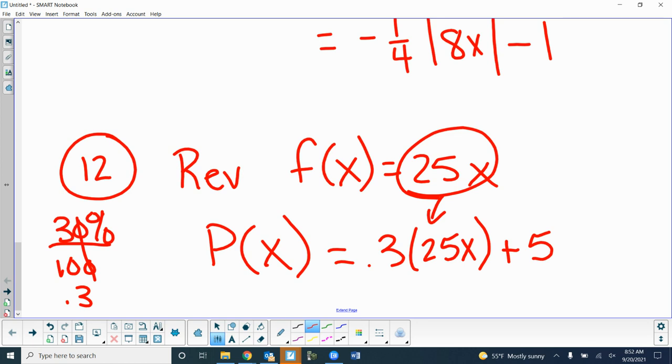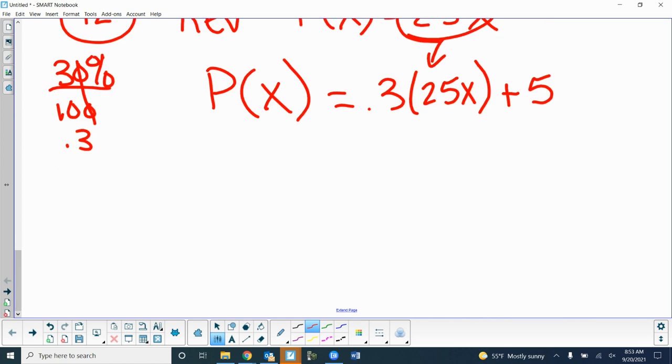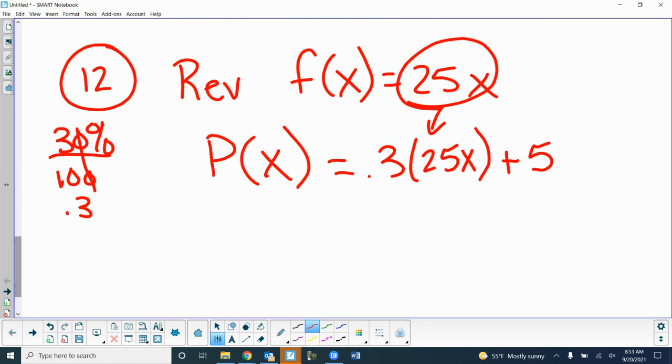So there's our equation. And then we had to find the profit for 12 paintings. Okay? Oh, let's clean this up. What's 0.3 times 25? Somebody, I heard it. 7.5, thank you. So there's our function for our profit.